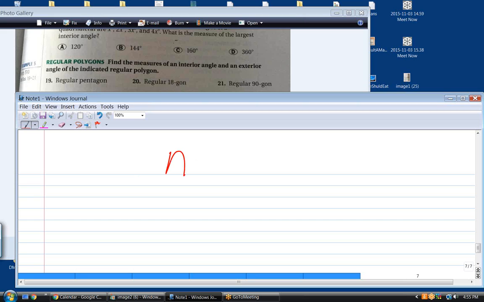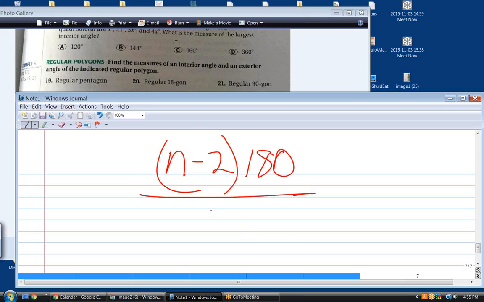So the formula that you could go straight to, that's the total number of angles, right? And you're always dividing by the number of sides. So that formula gives you the measurement of one interior angle on a regular polygon.